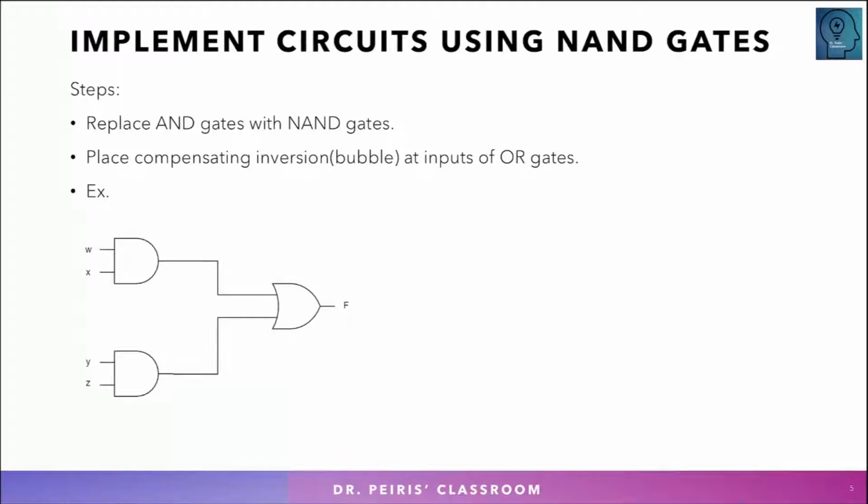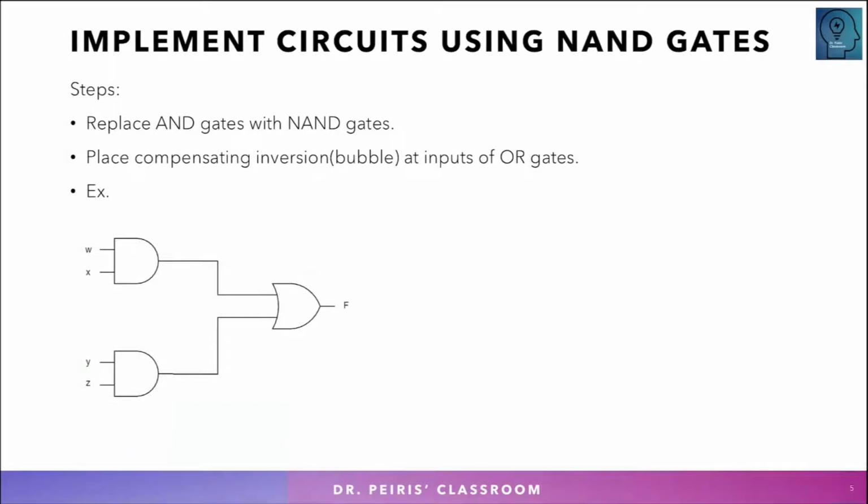Let's see what this means. This is the circuit which I have. I need to implement this circuit using only NAND gates. So what should I do? I'm going to follow these 2 steps. The AND gates become NAND gates.